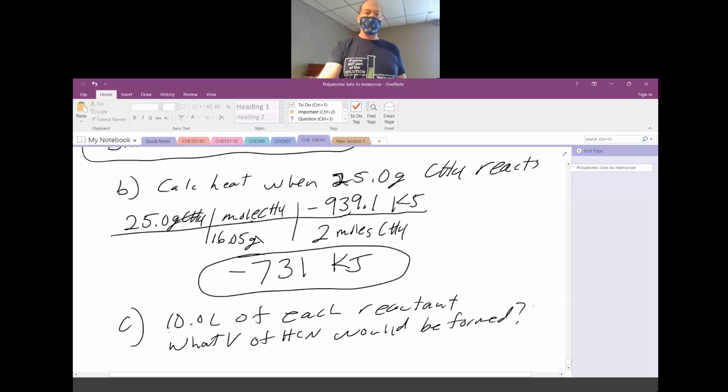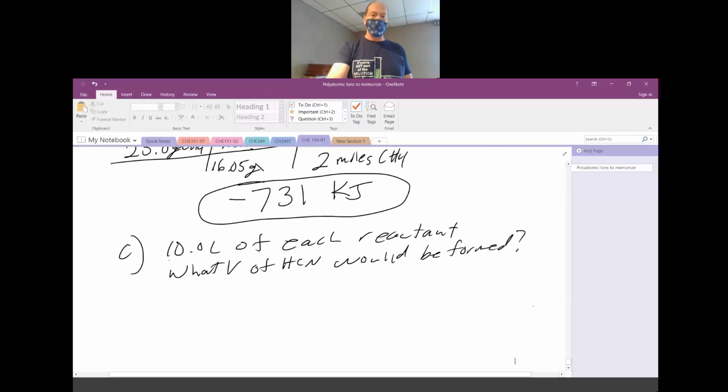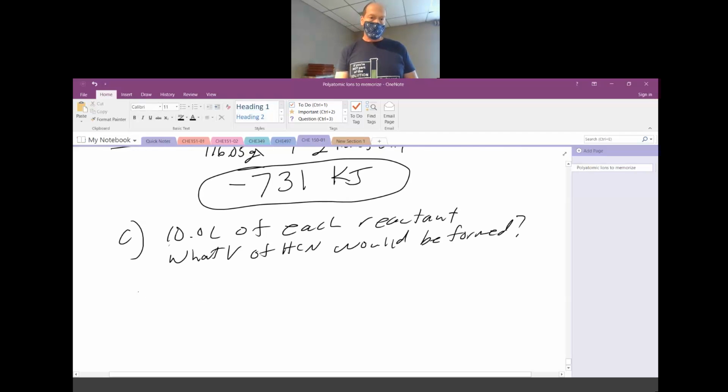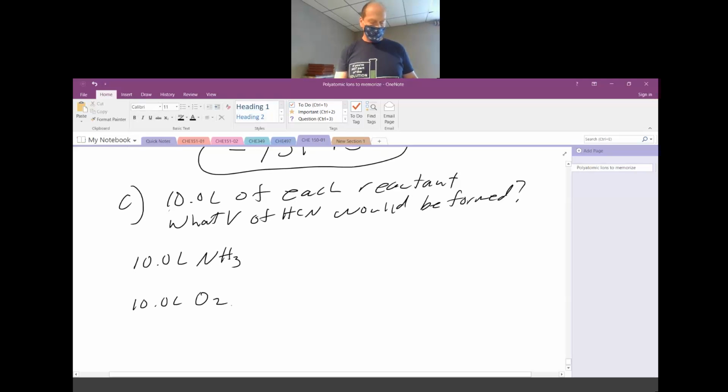We have our balanced chemical reaction, and we're going to have 10 liters of NH3, 10 liters of oxygen gas, and 10 liters of CH4.